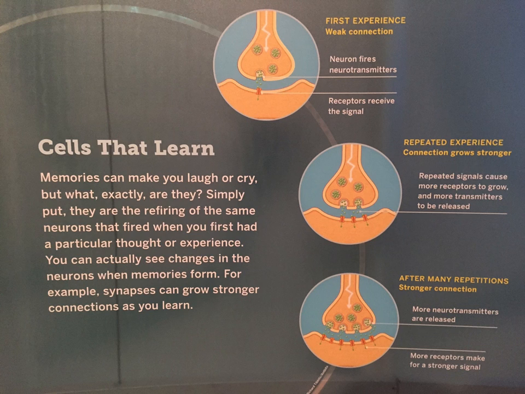More neurotransmitters are released and more receptors make a stronger signal. So we're more likely to have the firing of that postsynaptic neuron because we've hit that action potential. It makes it easier for these neurons to communicate. It strengthens the connections and makes them stronger and easier to process these things.